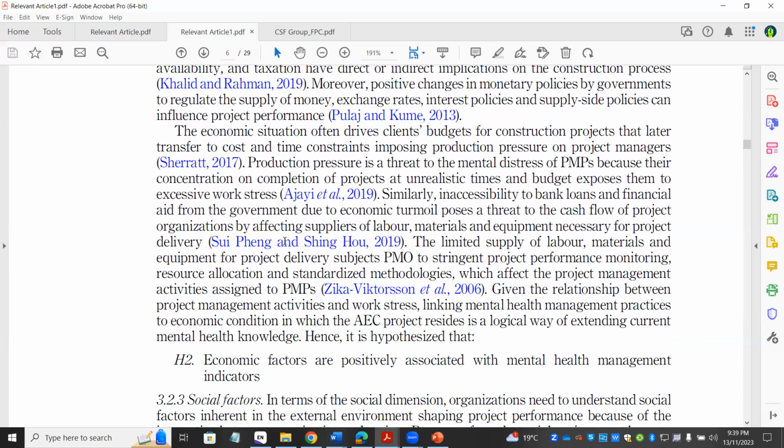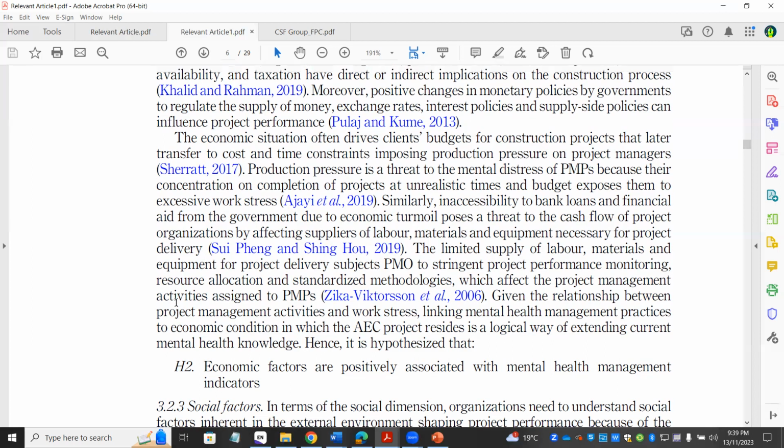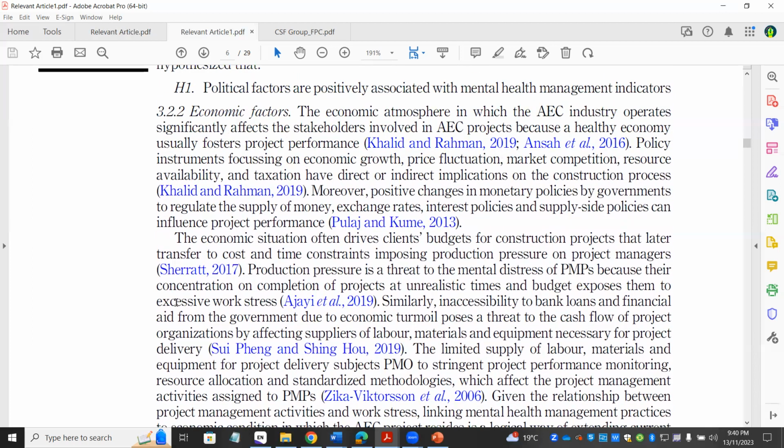This is acceptable. Given this relationship between project management activities and work stress, linking mental health, logically sustainable. Okay, so here, the economic atmosphere in which the AEC industry plays, okay, good. Here, the explanation has been done purely based on what people have said in the current literature.